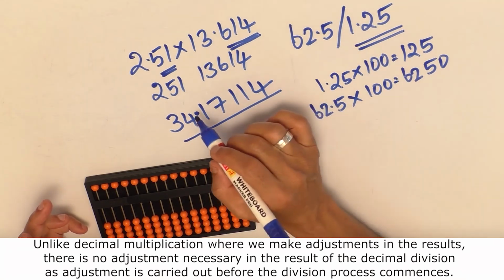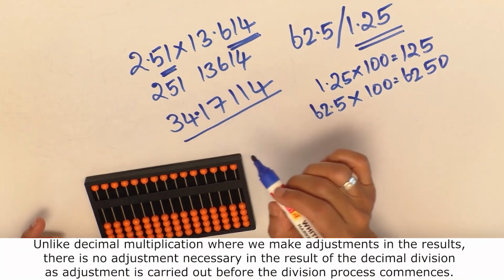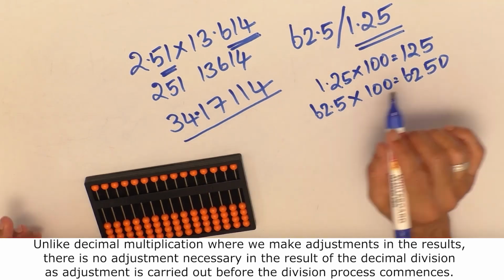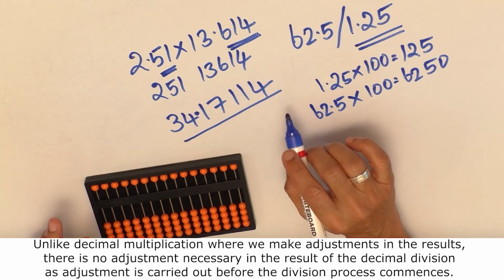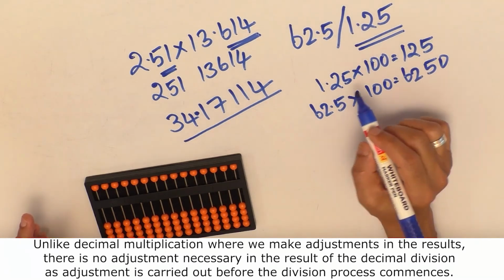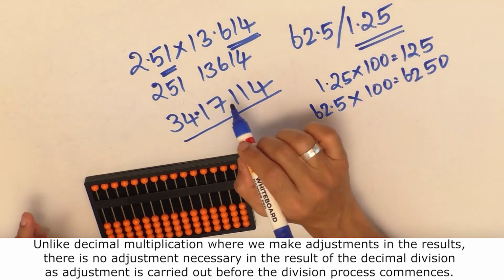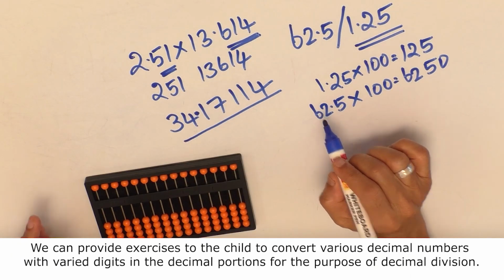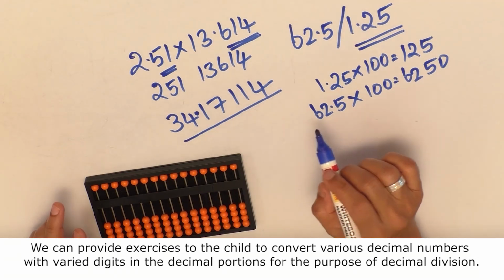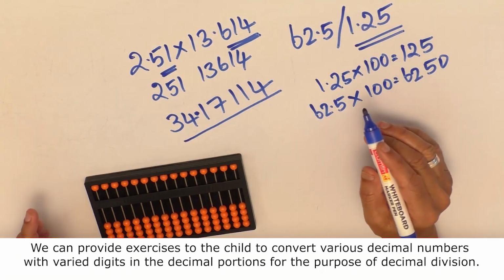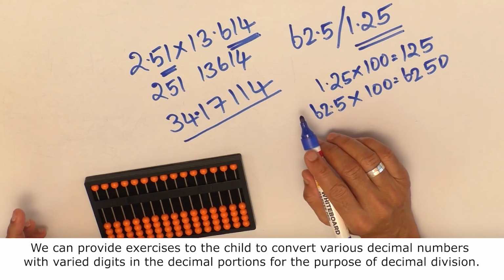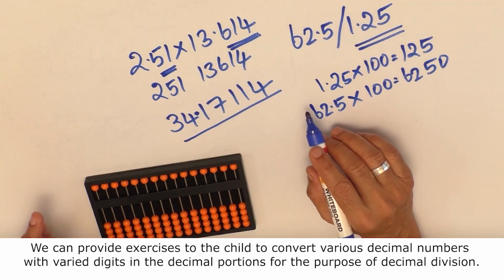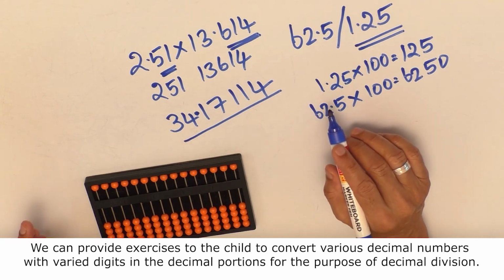Unlike decimal multiplication, where we make adjustment in the results, there is no adjustment necessary in the result of the decimal division, as adjustment is carried out before the division process commences. We can provide exercises to the child to convert various decimal numbers with varied digits in the decimal portions for the purpose of decimal division.